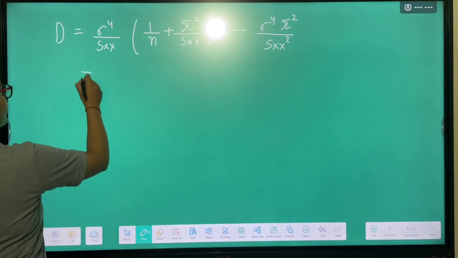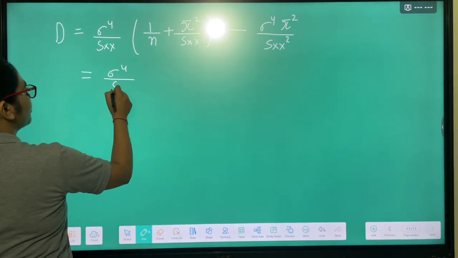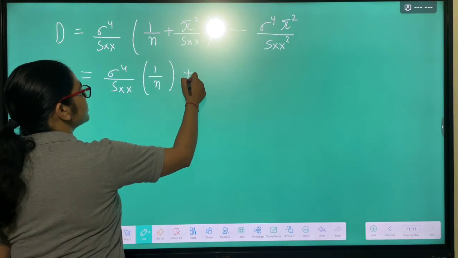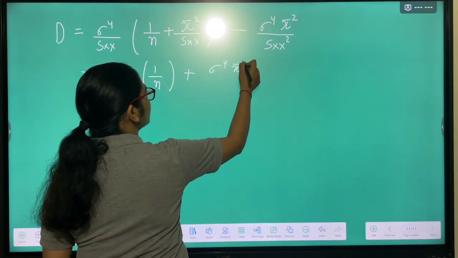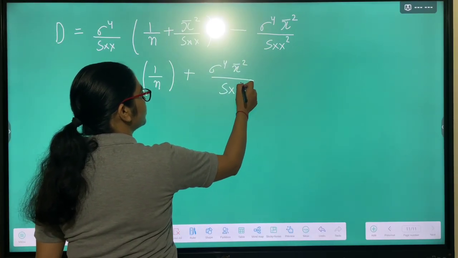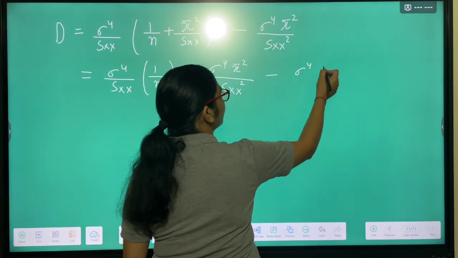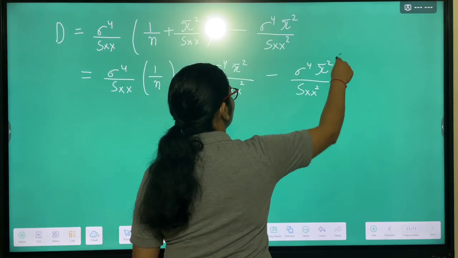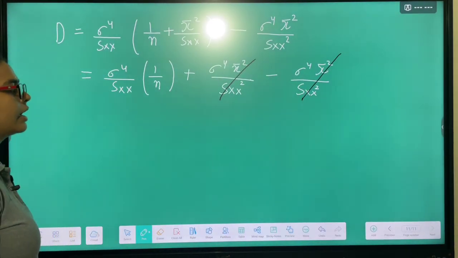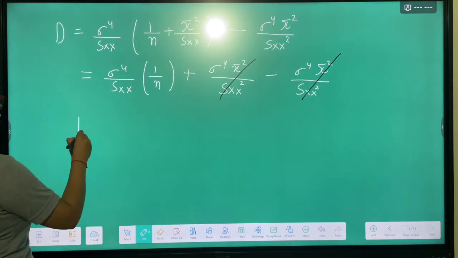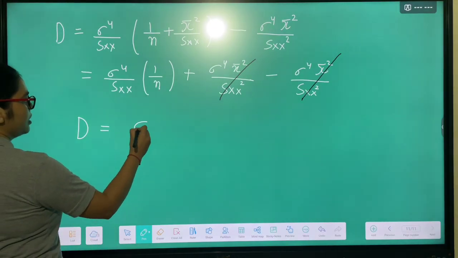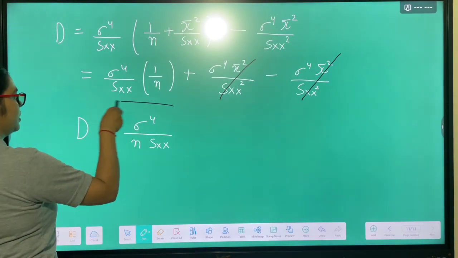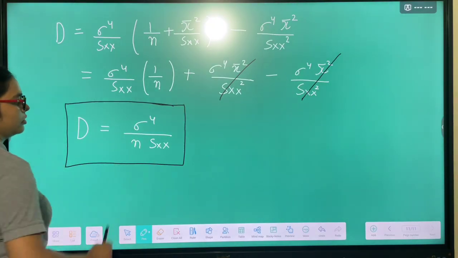So on multiplying this inside, sigma raised to the power 4 upon n sxx plus sigma raised to the power 4 x bar square upon sxx whole square, minus sigma raised to the power 4 x bar square upon sxx whole square. So these two terms are common, and with negative and positive sign they get cancelled, and we are left with the determinant equal to sigma raised to the power 4 upon n sxx. This is our determinant, and this completes our question.